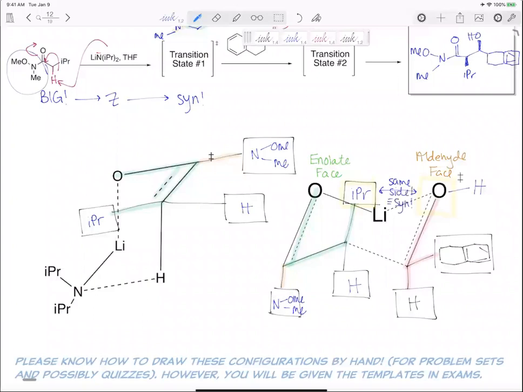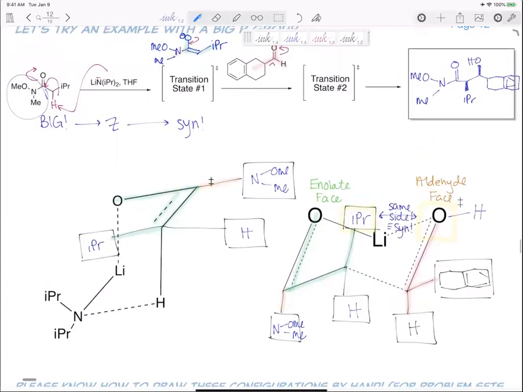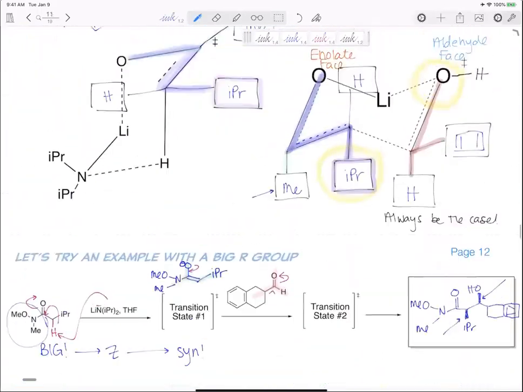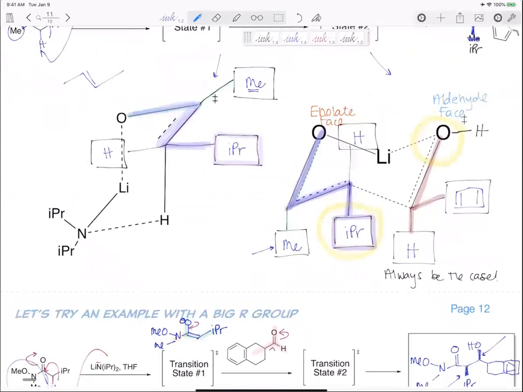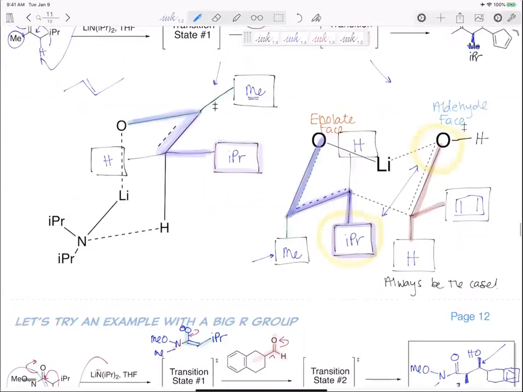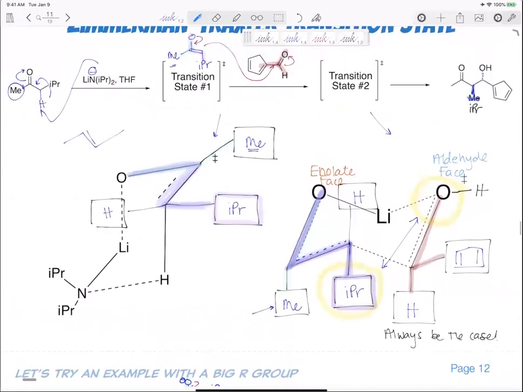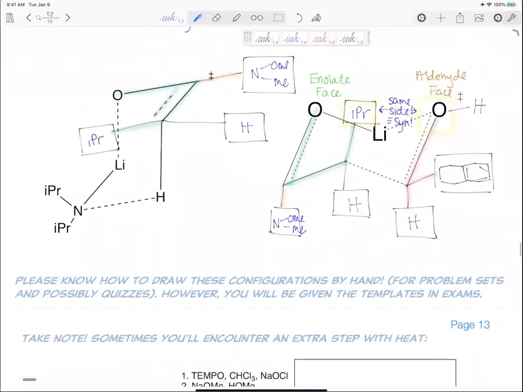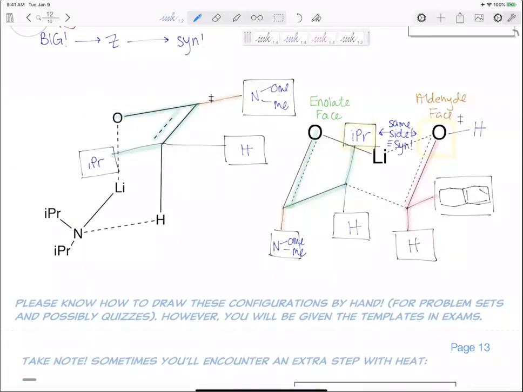They're going to be syn, right? And this is why we have syn here. Versus the first one that we did, do you see that they were opposite sides of each other? They're anti to each other. So that's what happens as a result of a small group. But as a big group, you get the syn product.